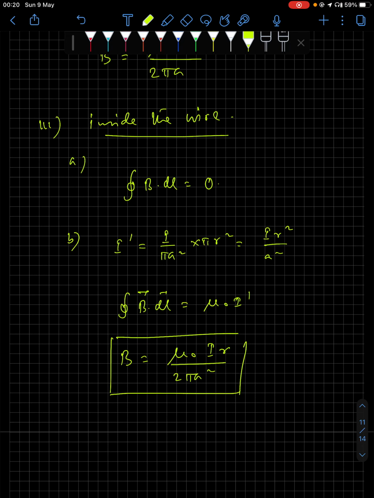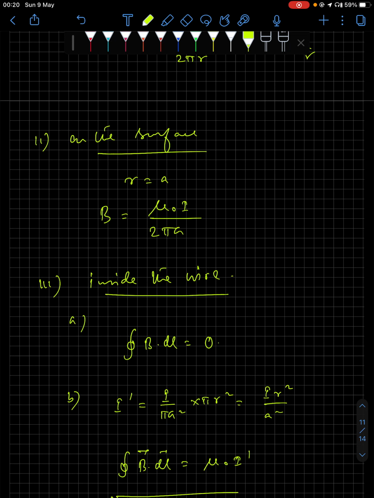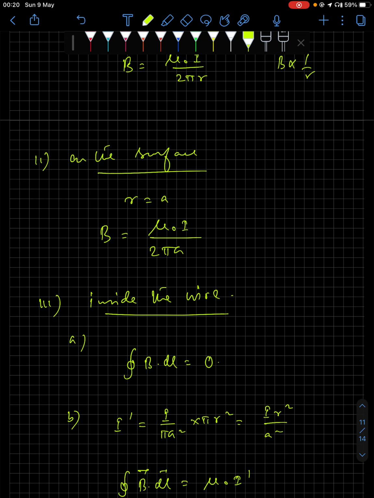Okay. So here you see that B is proportional to R. On the surface, we had B inversely proportional to R or A. In this case, both are equal.